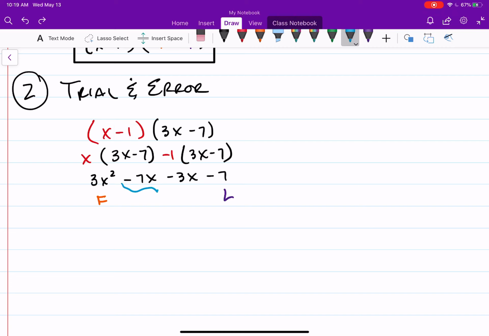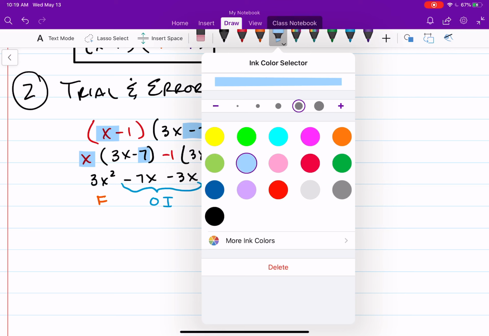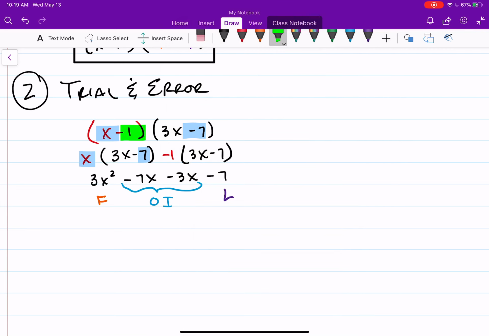This is my outer and inner, which means my outer is this, okay, which is right here, and my inner is these two here, which is these two here, okay? That's what creates that right there, okay?